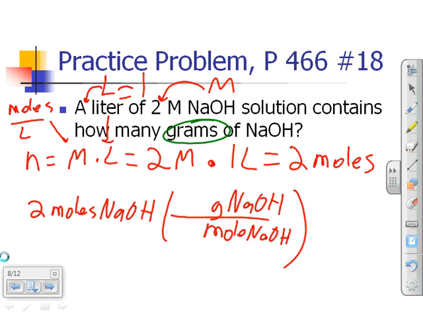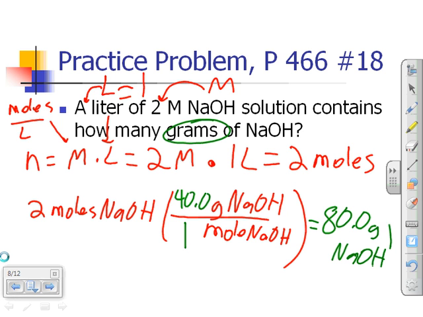When we plug in our numbers here, doing mole conversions, it's always going to be 1 mole. We need the molar mass of NaOH, 40.0 grams of NaOH. And we do our calculating. 2 times 40 divided by 1, and we get 80.0 grams of NaOH for our answer.